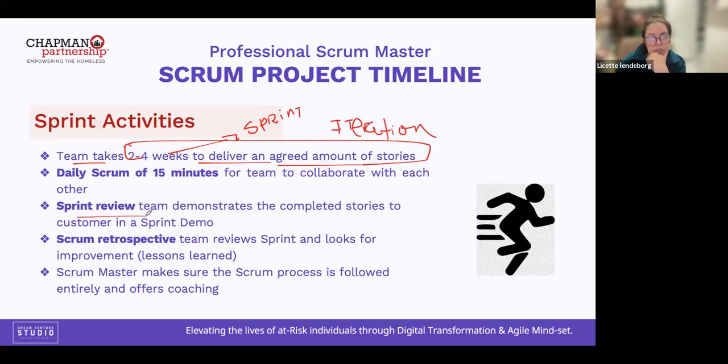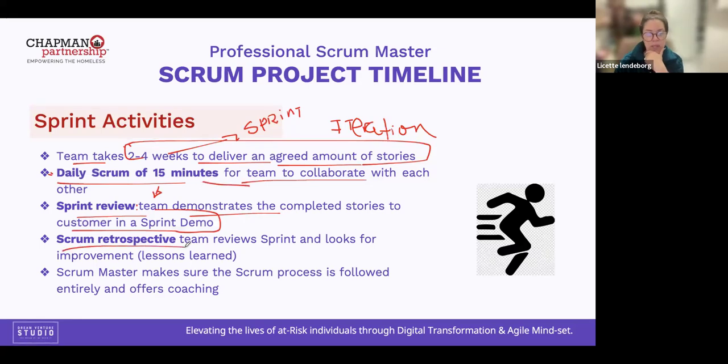In the sprint review, the team demonstrates the completed stories to the customer in a sprint demo. It is the revision of the increment, or the portion that we created in the sprint. Oh, I forgot to mention the daily Scrum is a daily meeting for the team to track the progress of the project and identify any impediments or blockers.